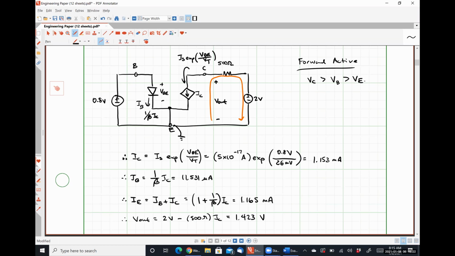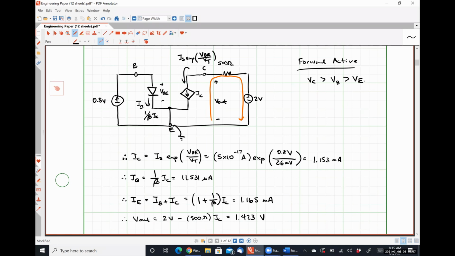VE is less than VB is less than VC on Wednesday. But is this true? So VE is 0, right? The voltage applied at the emitter terminal is 0. So that seems reasonable. VB is 0.8 volts. So VB is definitely greater than VE. And VC is 1.423 volts. So VC is greater than VB. So we are in the forward active region.